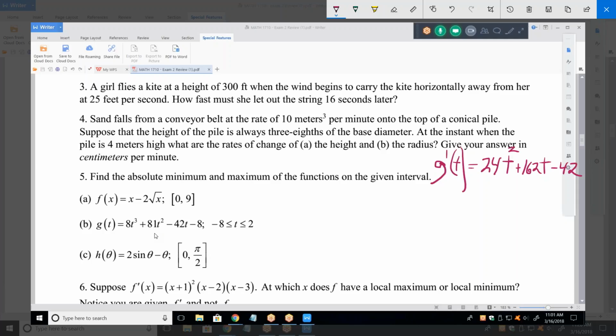Okay. Now, set that equal to 0. We'll find out where on the horizontal axis we have zero slope tangent lines.